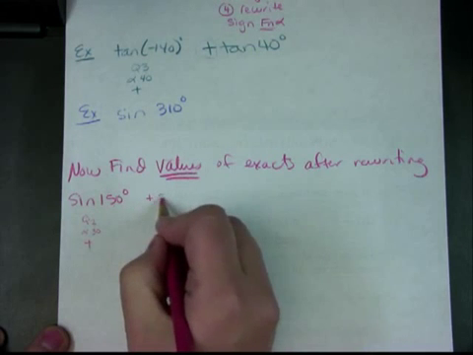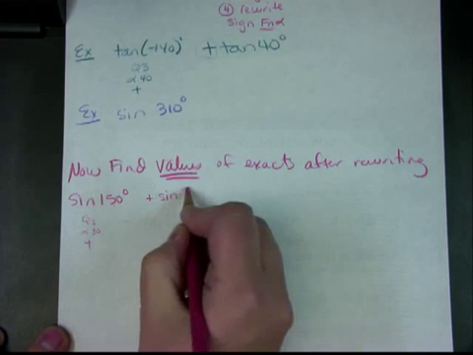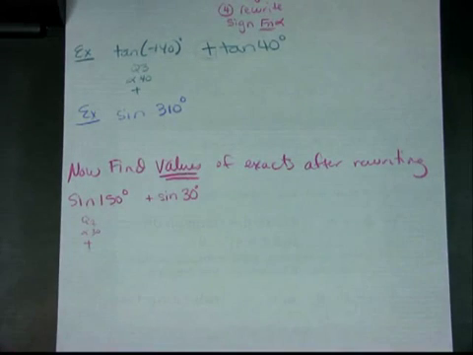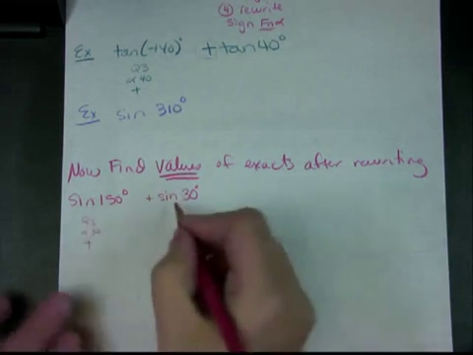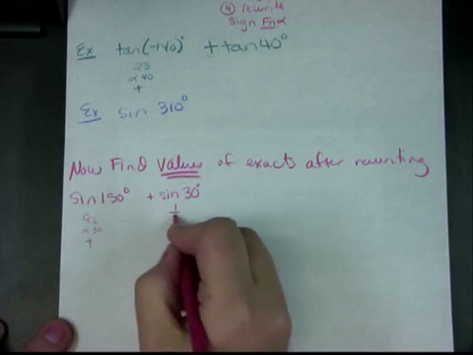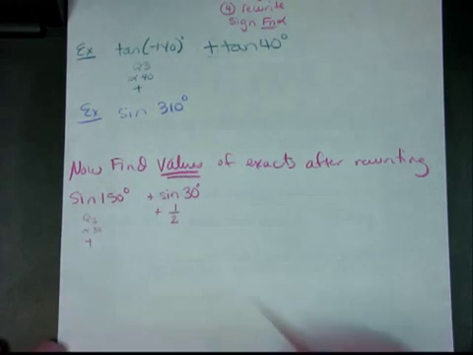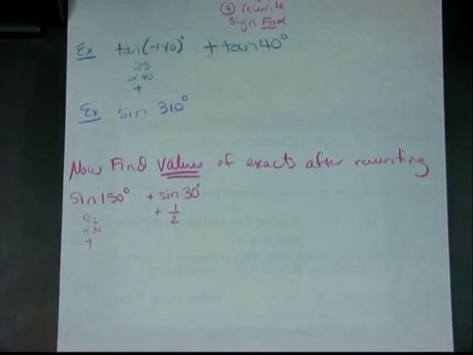So I would say positive sine of 30 degrees. Well, I should know that sine of 30 degrees is 1/2. And because of the sign out front, it's positive 1/2. And for right now, I do want you to write and keep that positive. This work I want to see as well.